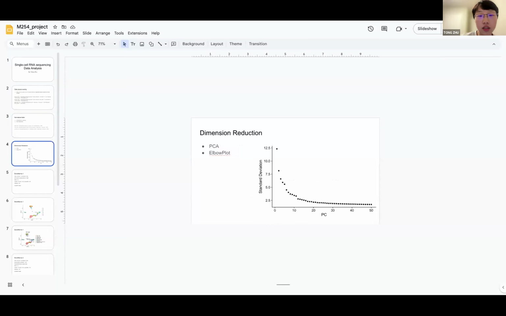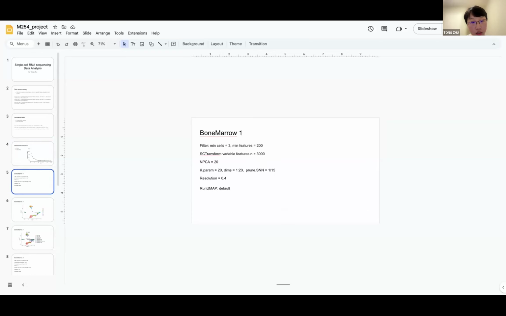After that, I did the dimensional reduction with PCA. I also used elbow plots to help me find the optimal number of PCs. For example, for this one, I will choose 20 as my PCA number.